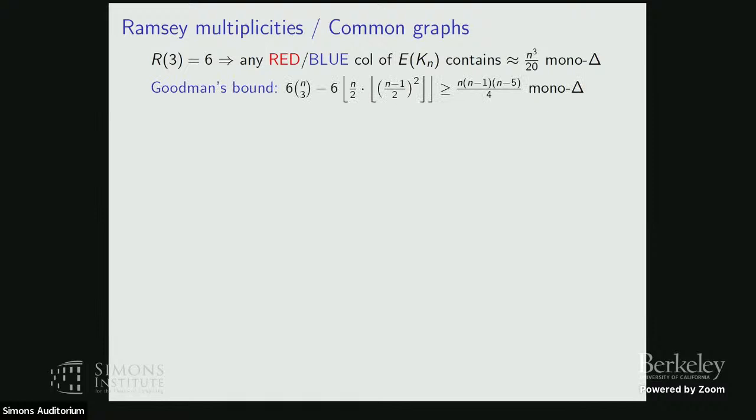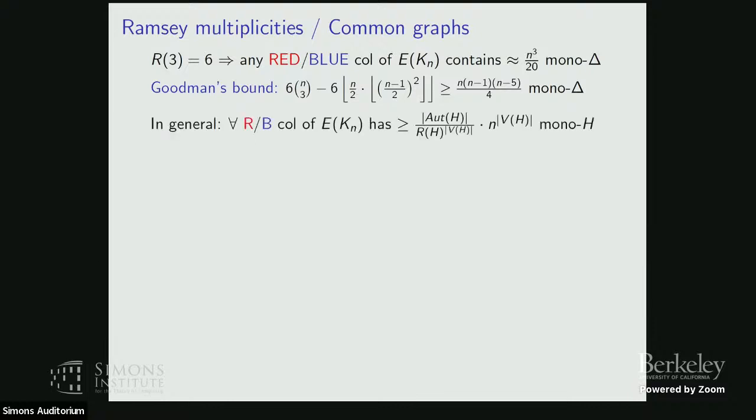For counting monochromatic triangles, there is an old result from the late 50s of Goodman, which says that in any red-blue coloring of Kn, you see roughly at least n cubed over 4 monochromatic triangles. It's known that this is best possible. I believe that this formula is actually best possible for every n.